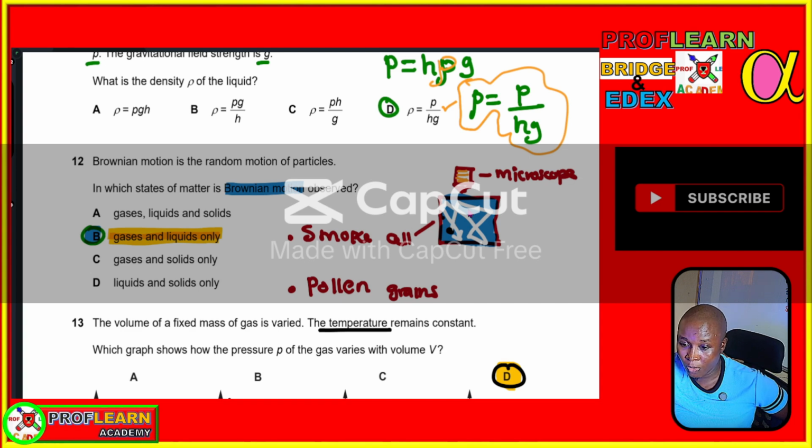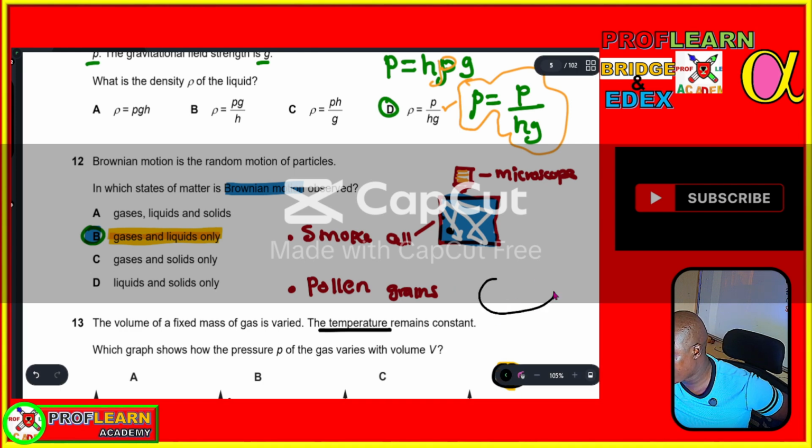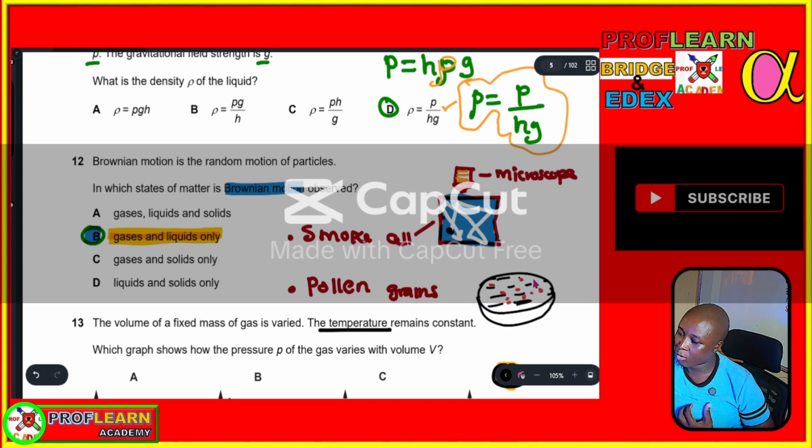So this is observed in gases and liquids only. If you want to observe it in liquids, maybe you have a bowl containing some water, and you pour some pollen grains on the surface of the water.